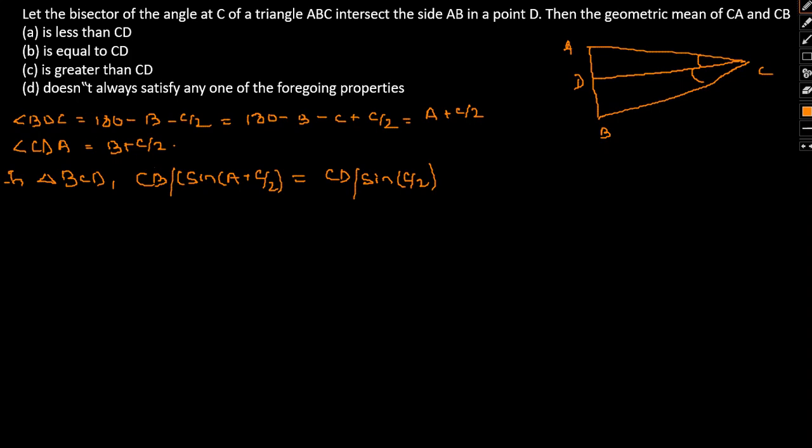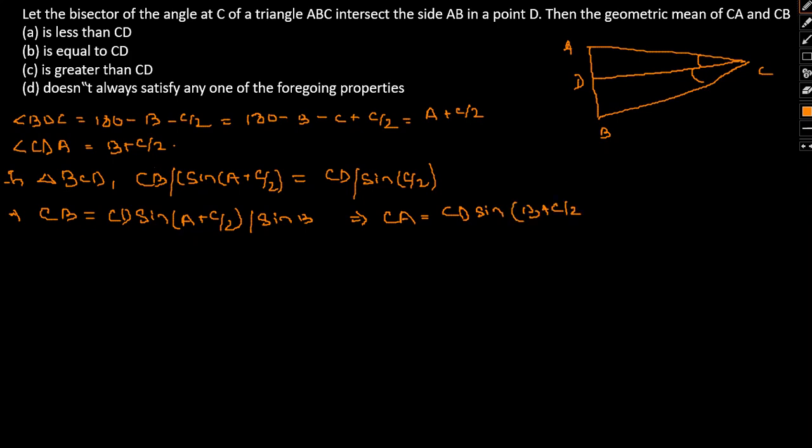Okay, so this would further imply that CB is equal to CD sine (A plus C by 2) by sine B, and CA will be equal to CD sine (B plus C by 2) by sine A. I hope this is clear.